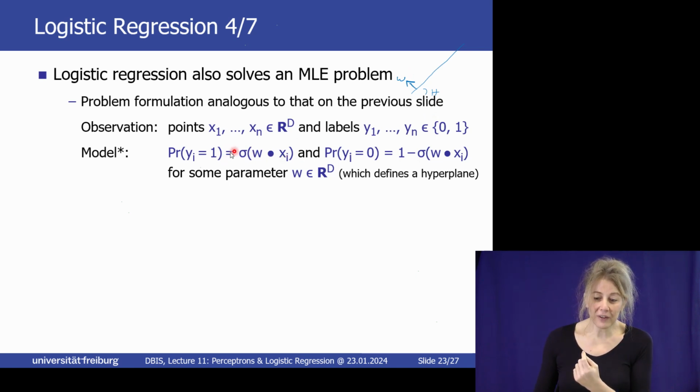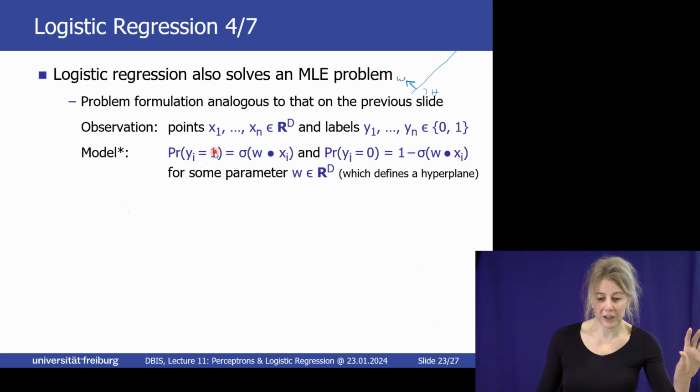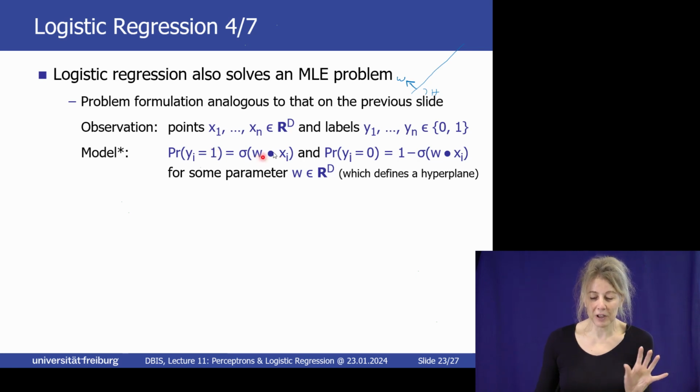So what this is saying is, if something is very far on this side of the hyperplane, it's surely 1. This is a value extremely close to 1. And you don't even have to go far from the hyperplane, that's what the sigmoid function does. So that's kind of the assumption.